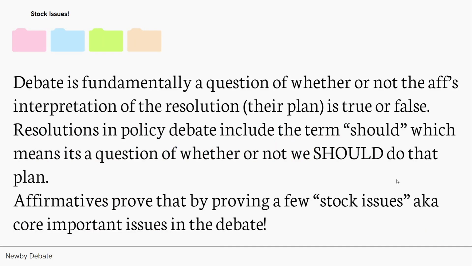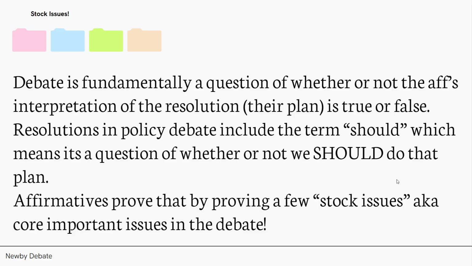So debate is fundamentally a question about whether or not the AF's version of the resolution is true. So the AF is going to say the resolution is true: the United States federal government should blank because, and then they insert their plan, which is a smaller version of that resolution.